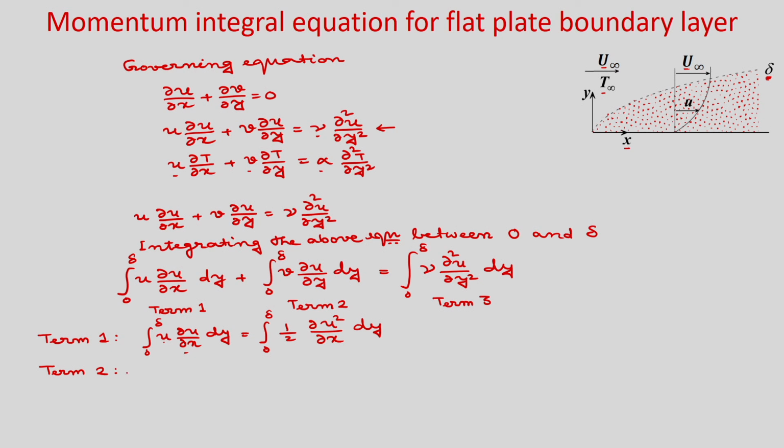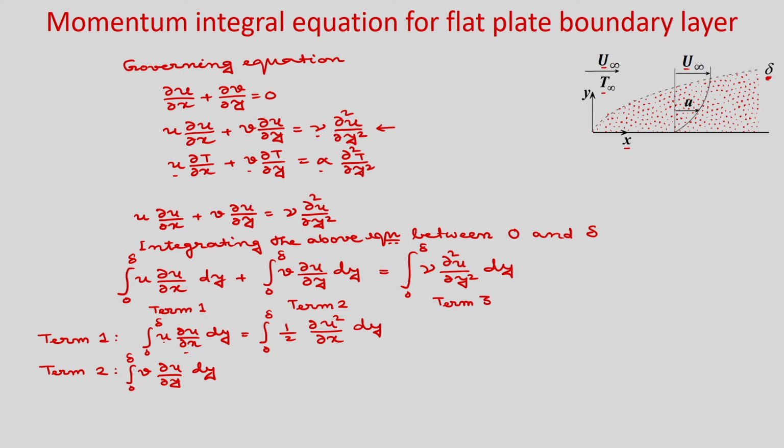Now, term 2. So, this is your 0 to delta v del u by del y dy. Now we will use integration by parts, because there are two variables, v and del u by del y.